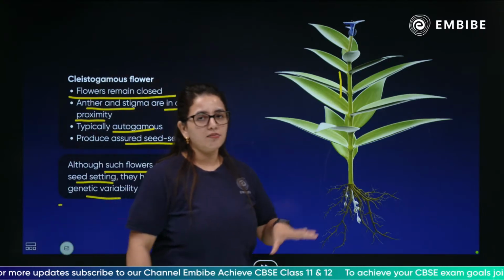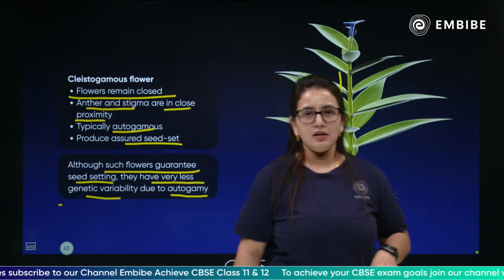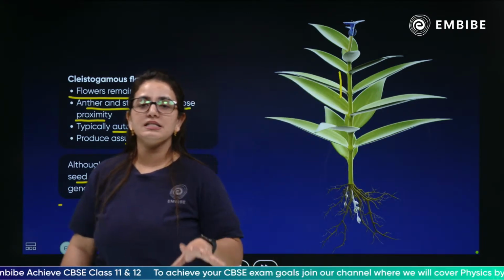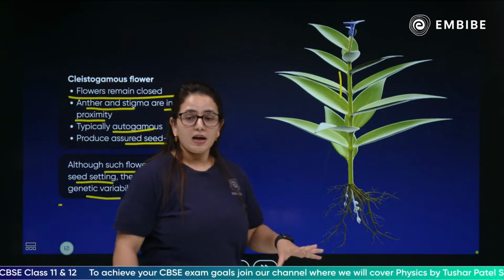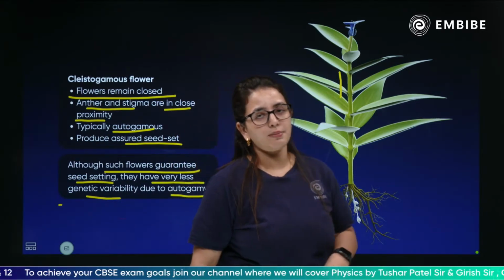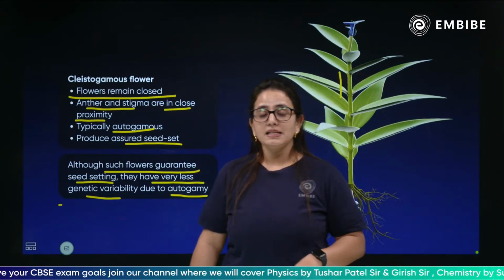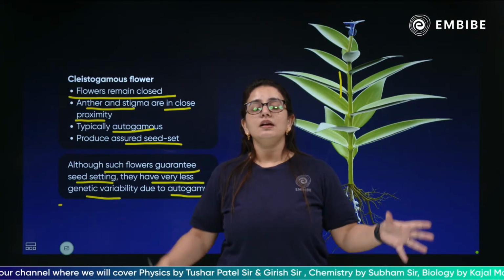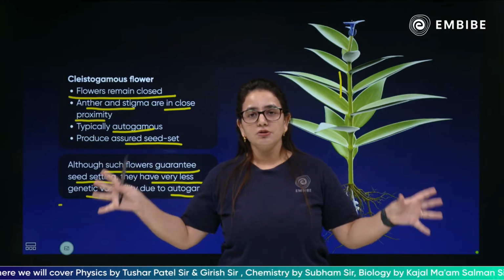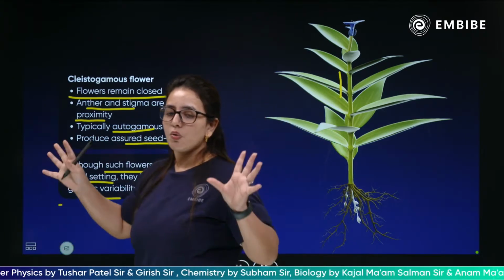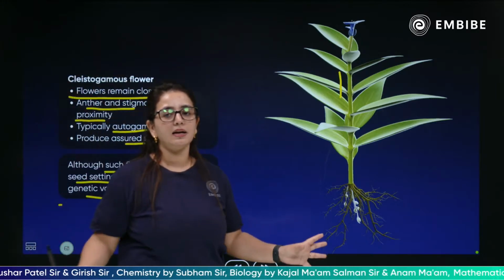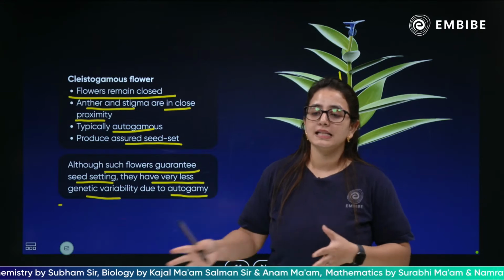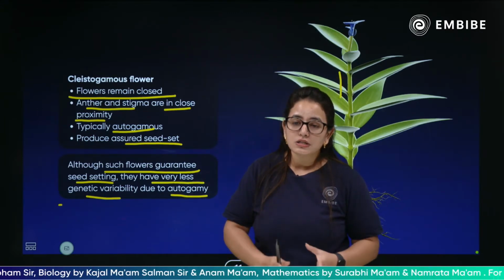So what we have studied: we have gone through autogamy, Geitonogamy, and Xenogamy. For Xenogamy, children, there are two types of plants. Xenogamy is only possible between two Chasmogamous plants, while self-pollination is the only method of fertilization in closed flowers.